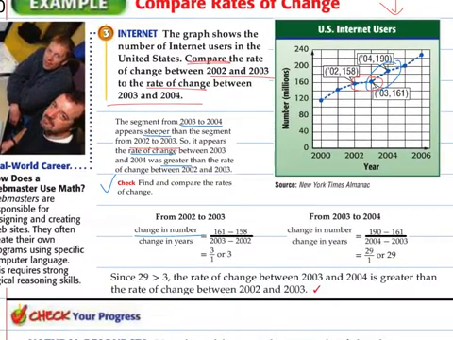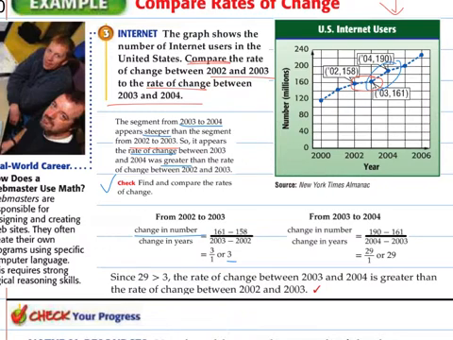So 2002 to 2003, we record our data. We see that in 2003, these are ordered pairs, we're at 161, whereas in 2002, we were at 158. So we increased by 3 in 1 year, unit rate of 3.